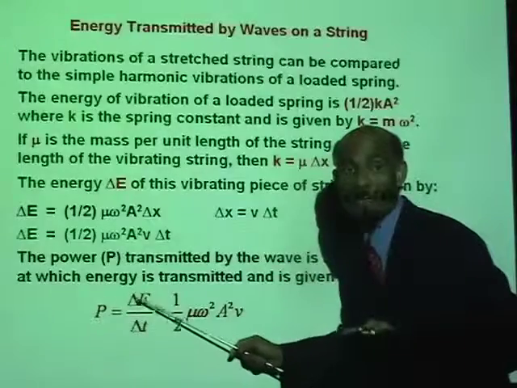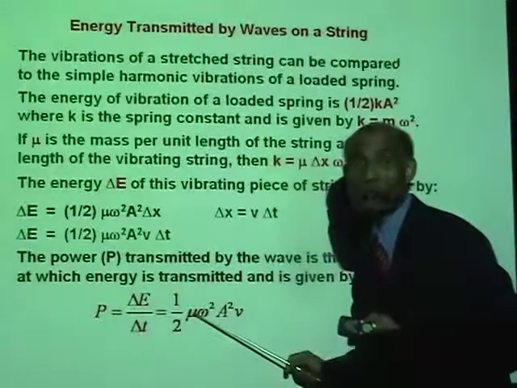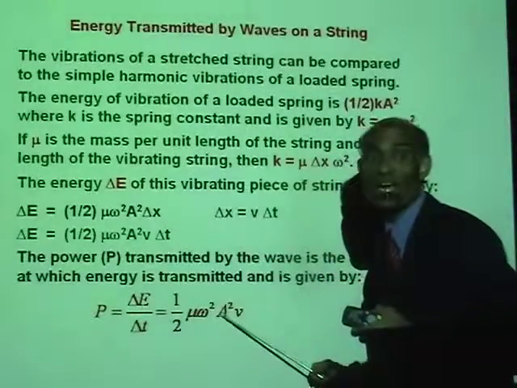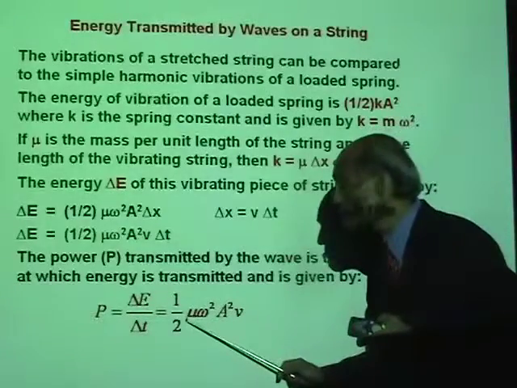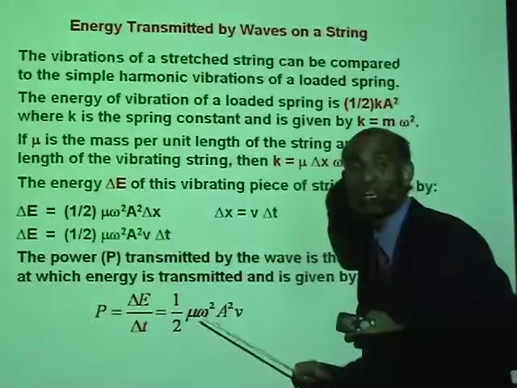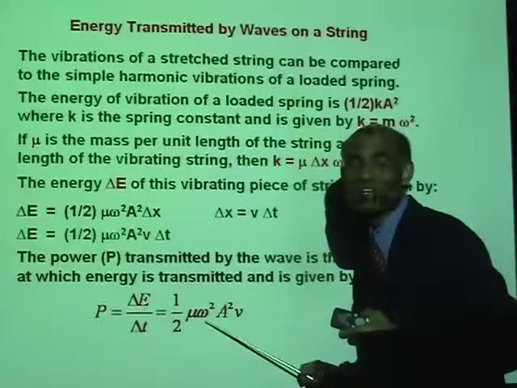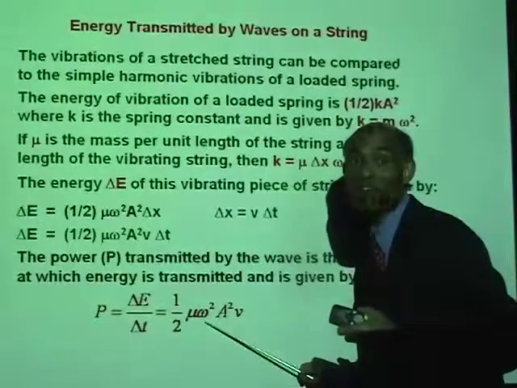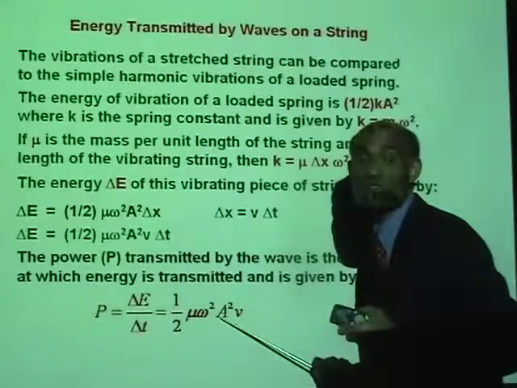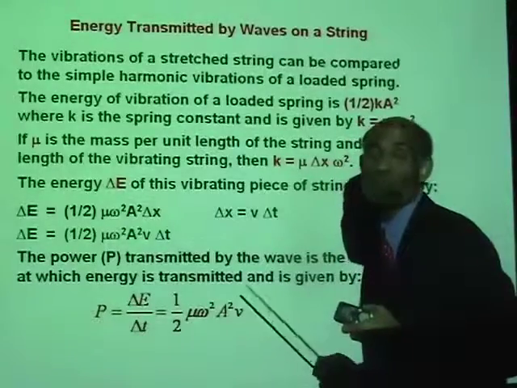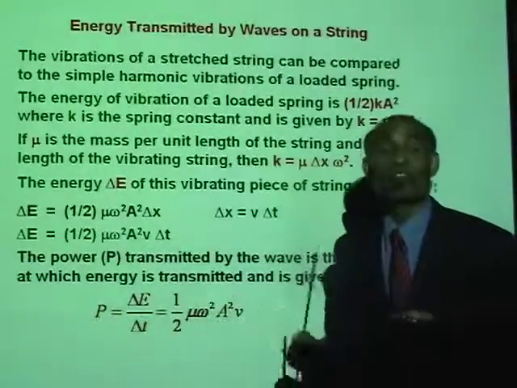Okay. Power transmitted is 1/2 mu omega squared A squared V. Again, mu is the mass per unit length. Omega is the angular frequency, which is 2 pi f. A is the amplitude of vibration, and V is the speed of energy transfer.